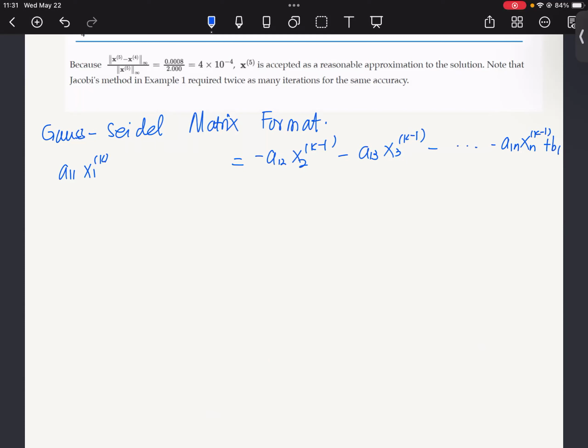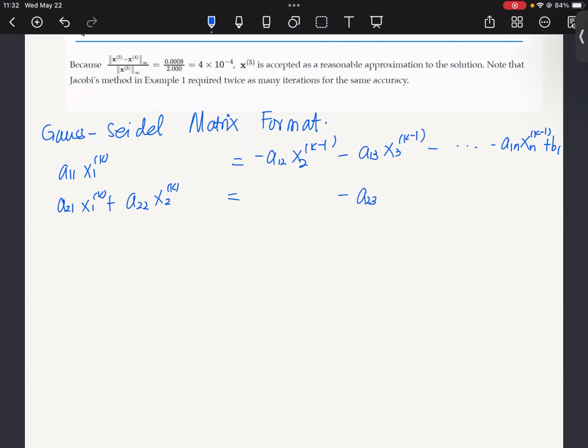And in the second one, we have a21. We also want to include the diagonal, so that is x2 k, equals to... we already have a22 x2 on the left, so we begin with x3 here.